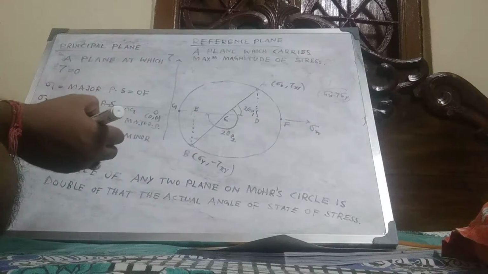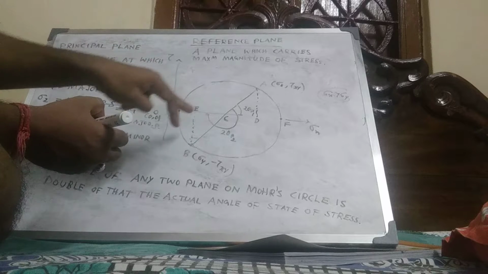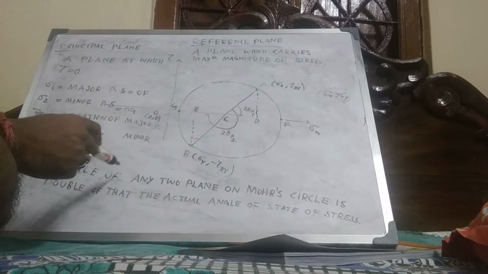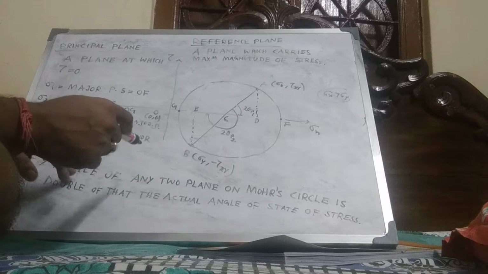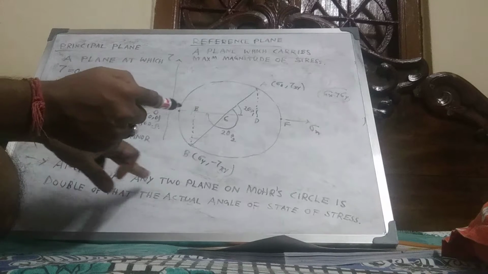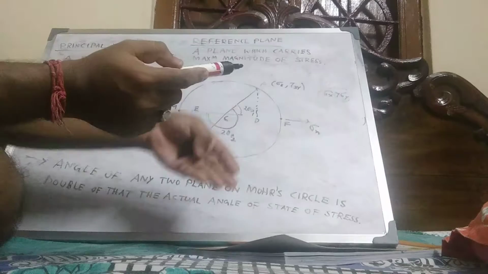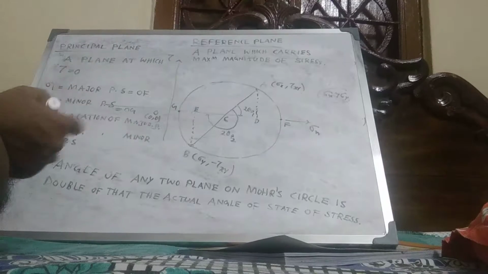Here this point is very important: the angle of any two planes on the Mohr circle is double that of the actual angle of the state of stress.